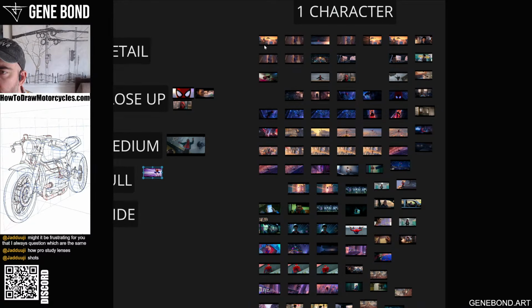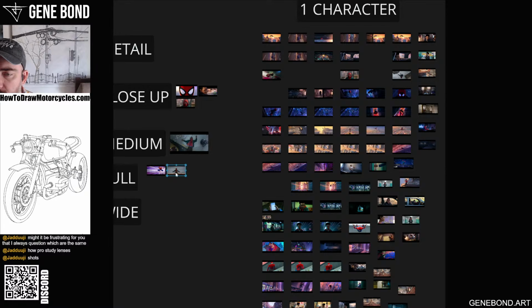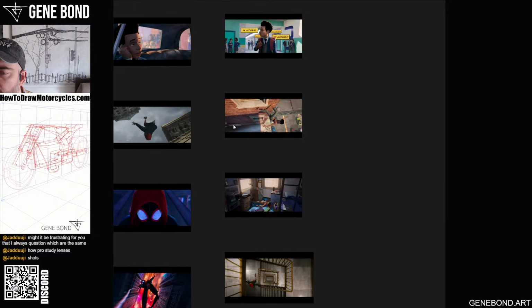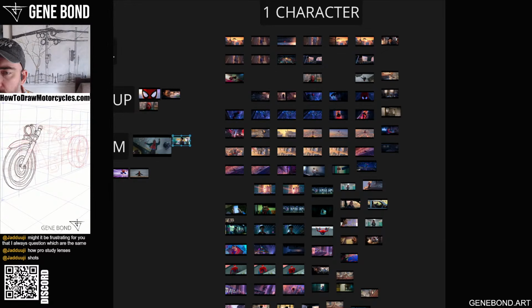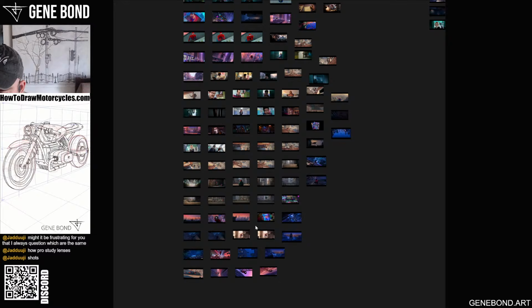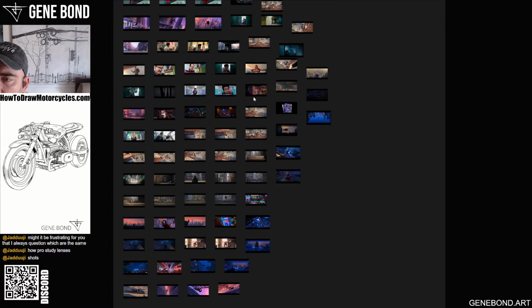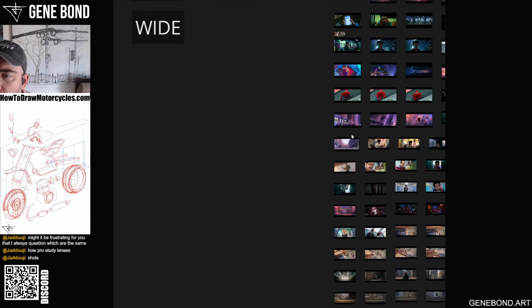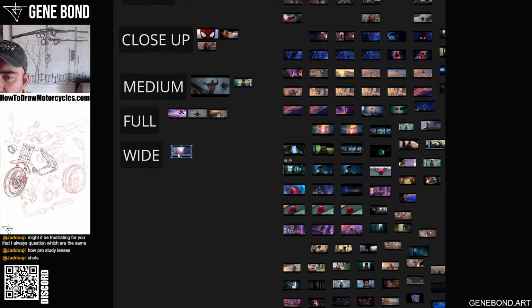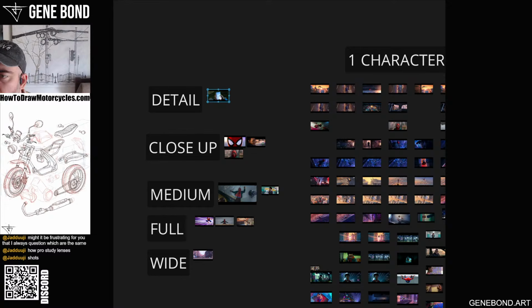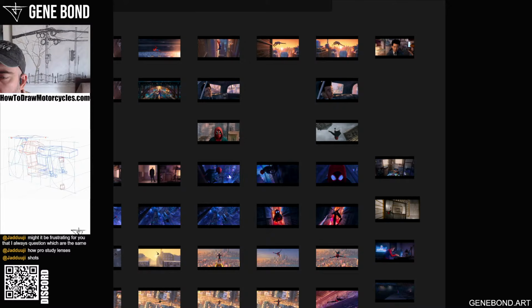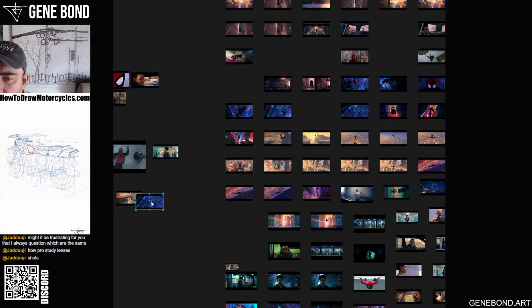And this full shot. And this full shot. Also this medium, this full shot, he is walking on a wall. Let me find this detail shot. So wide angle is this one, and this is a detail shot. This can also be wide angle.